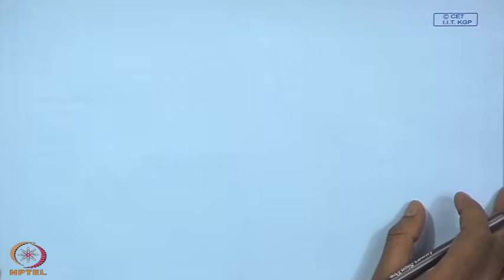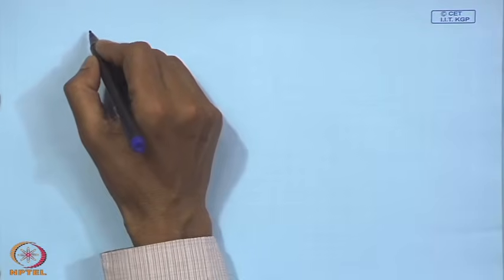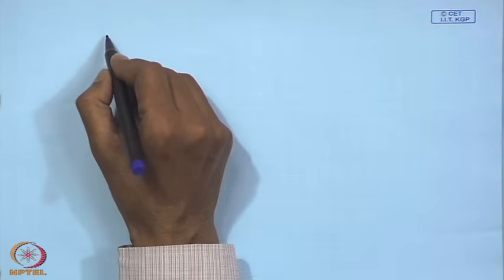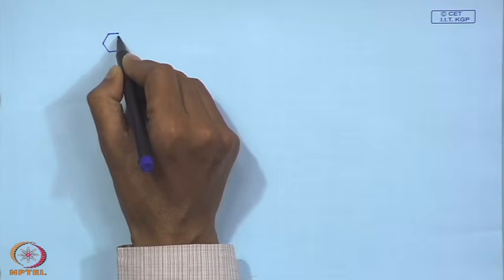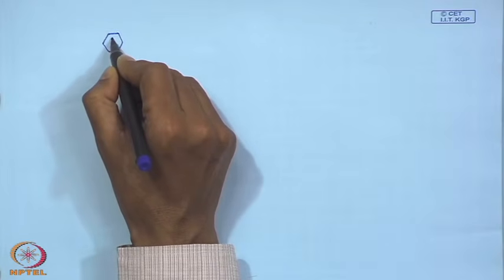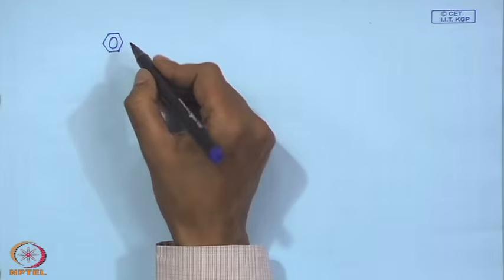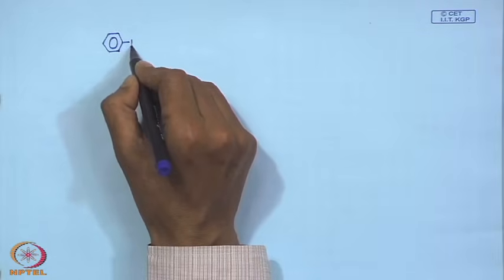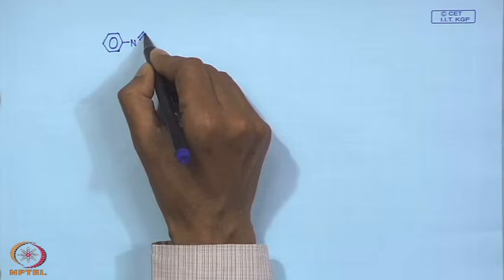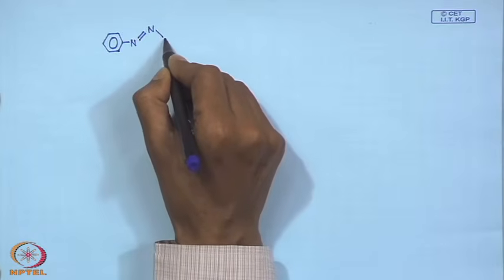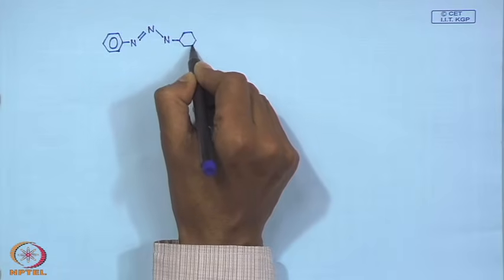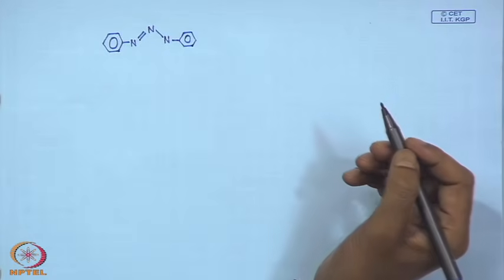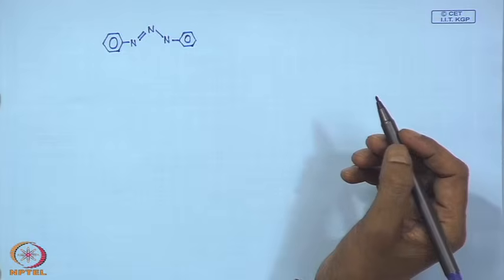So, how do we get this from a typical coordination compound? If we have a typical organic ligand, like this, which is known as the corresponding triazine.